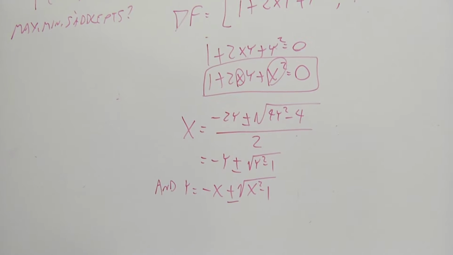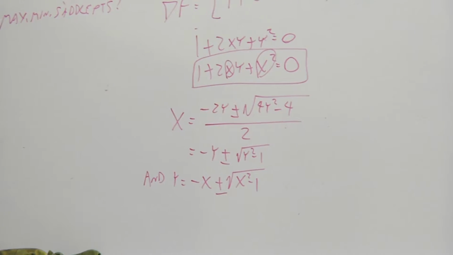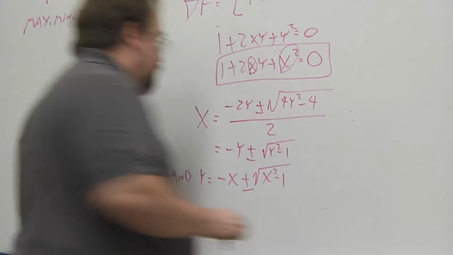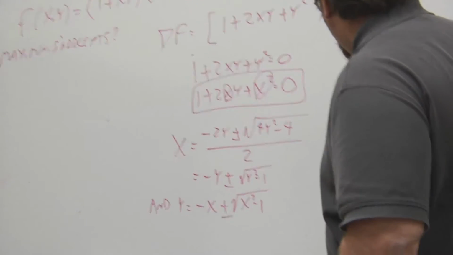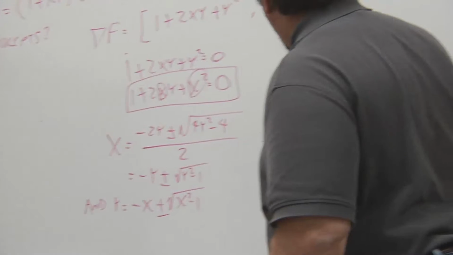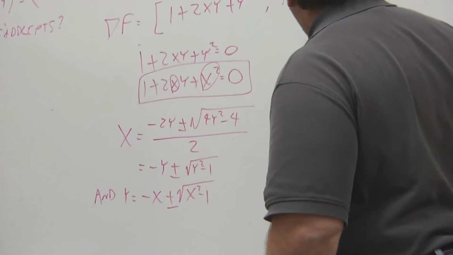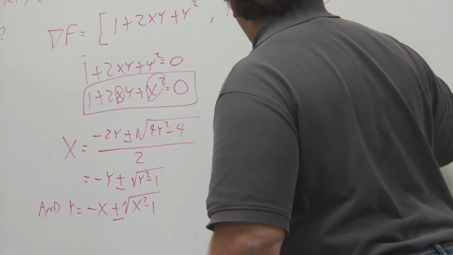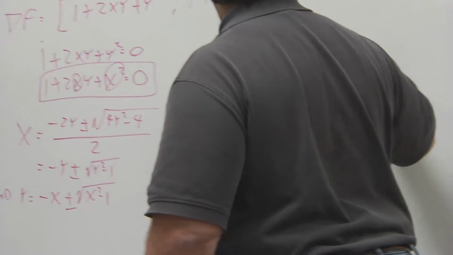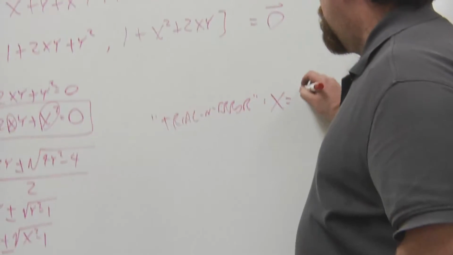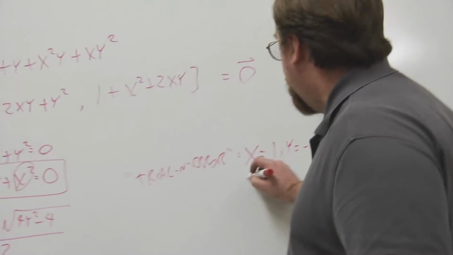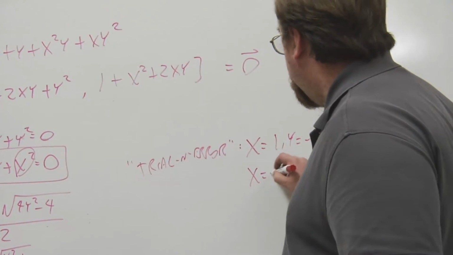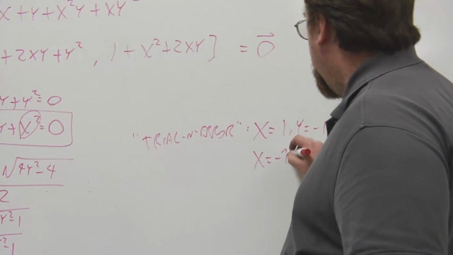So what you can get is a solution x equal to 1 and y equal to minus 1. That's a solution. Also, x is equal to minus 1 and y is equal to 1.